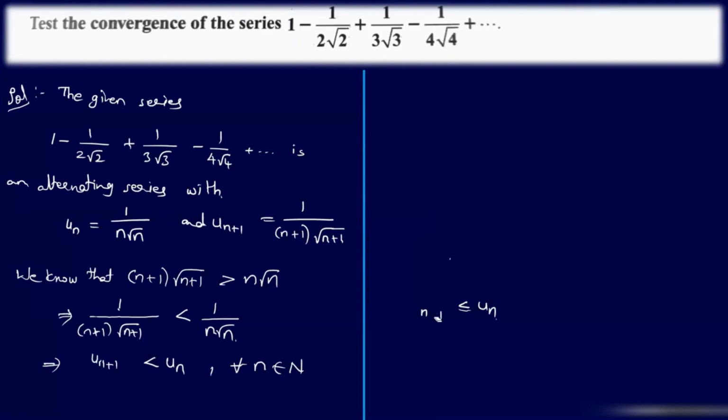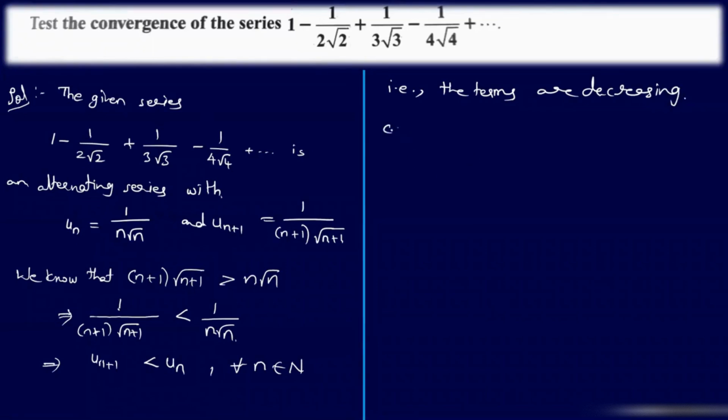When you are given an alternating series, we are actually verifying two conditions, and now the first condition is already verified. What is our second condition? We need to take the limit of un as n tends to infinity. As we already discussed, the terms in the series are decreasing, so this is one condition you are verifying.